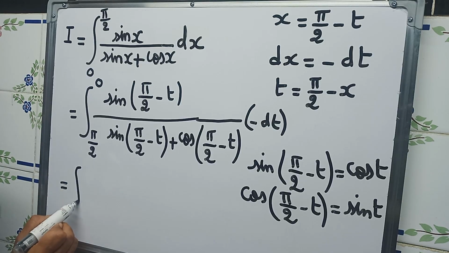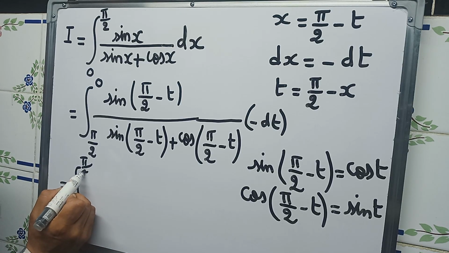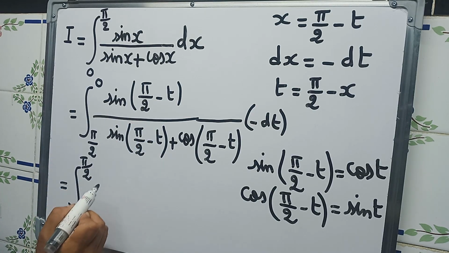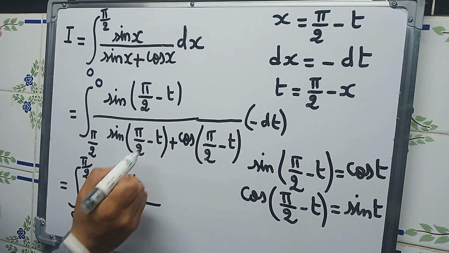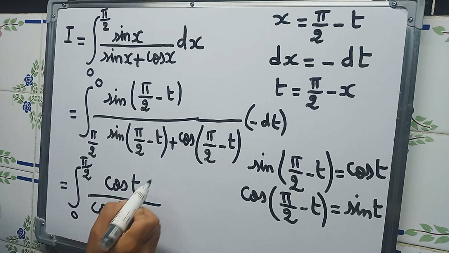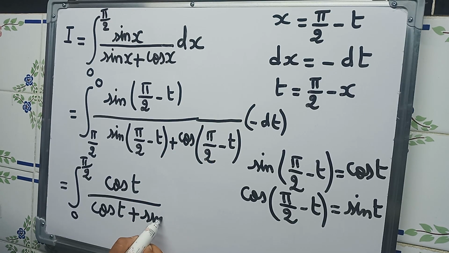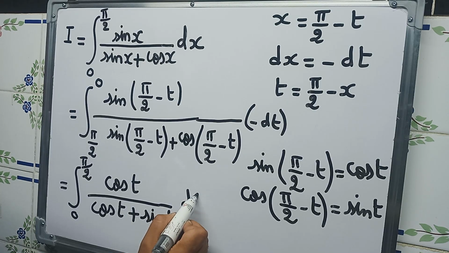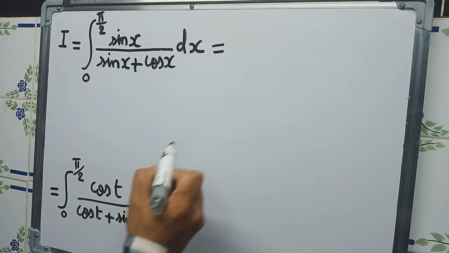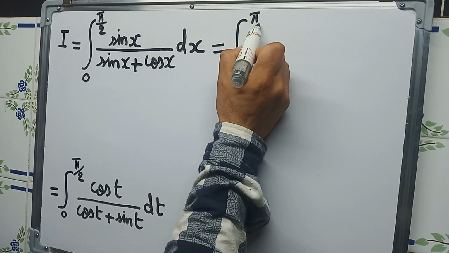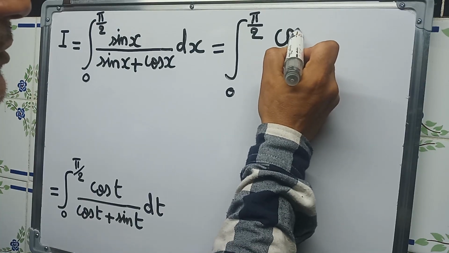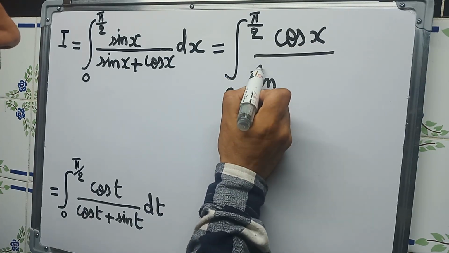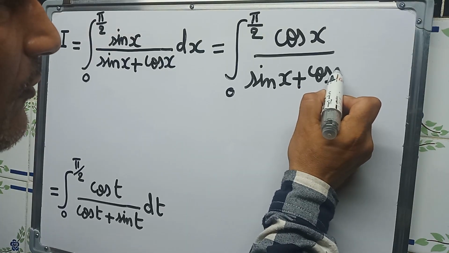So here we will have the integral from 0 to pi over 2 of cosine of t over cosine of t plus sine of t dt, because this minus was used to reverse the limits, meaning that our integral is equal to the integral from 0 to pi over 2 of cosine of x over sine of x plus cosine of x dx.